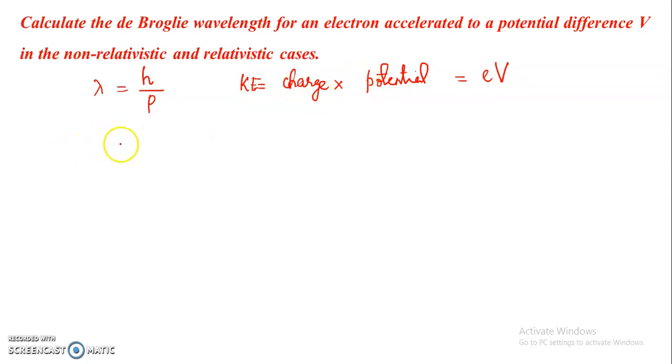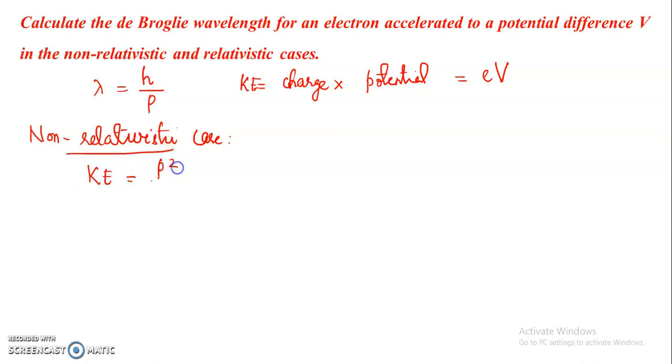Now we are going to find the de Broglie wavelength associated with a charged particle in the non-relativistic and relativistic cases. First we consider the non-relativistic case. In the non-relativistic case, kinetic energy Ke equals p square by 2m, where p is the momentum and m is the mass.